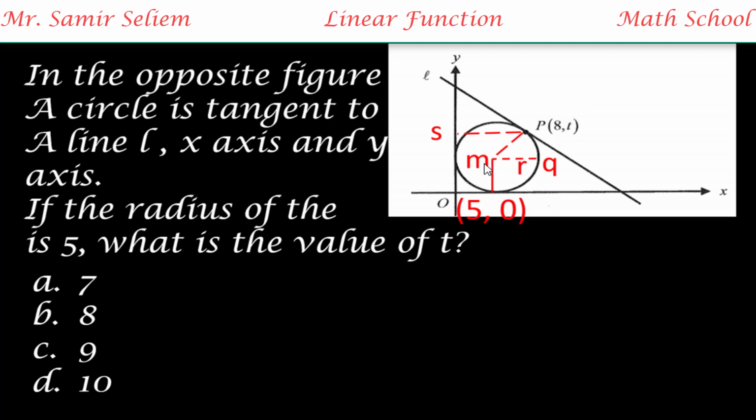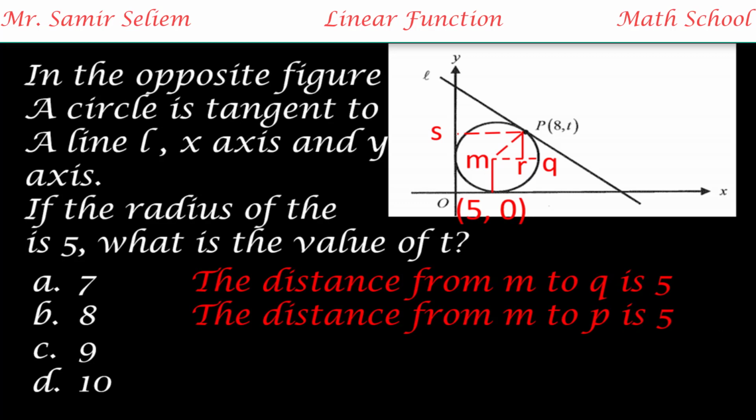And MQ is a radius, and M to the point 5, 0 is a radius here. So MB equals MQ equals M to this point, so it will be 5 units. We can complete RB like this. The distance from M to Q is 5, equals the radius, and the distance from M to B is 5, because it's a radius.